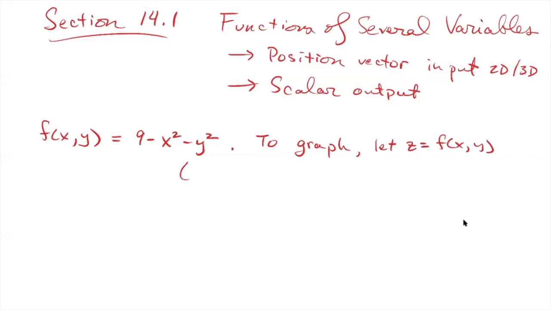So that means it's z equals 9 minus x squared minus y squared. Okay. Obviously, this is a surface. And it turns out it's an inverted paraboloid.